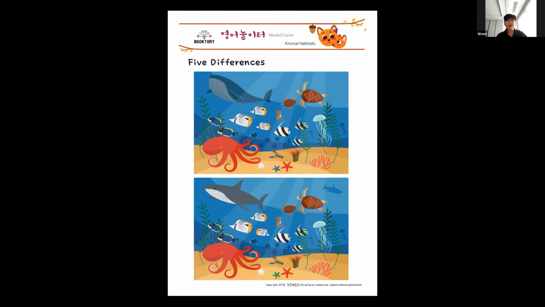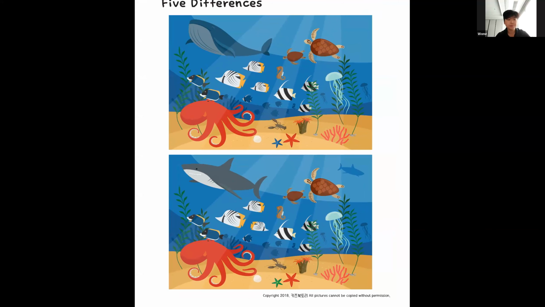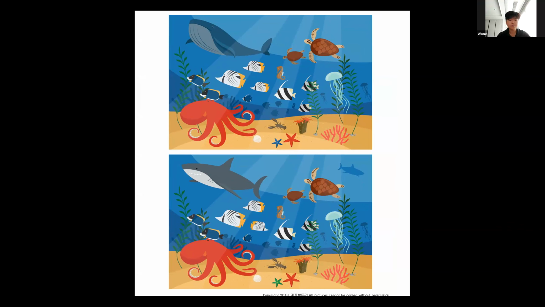Let's look for the 5 differences. So let me zoom in a bit. We're going to look for our 5 differences. What's the first one? Caught the first one. So here's number 1. What's another difference you see?